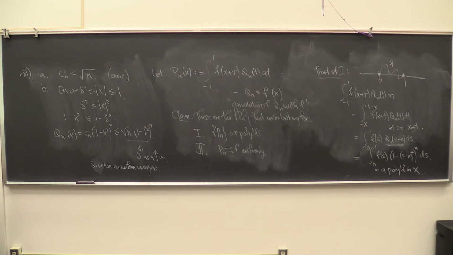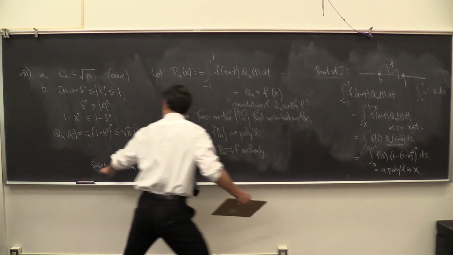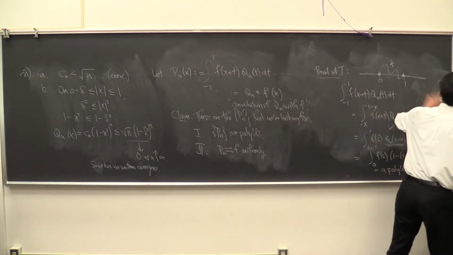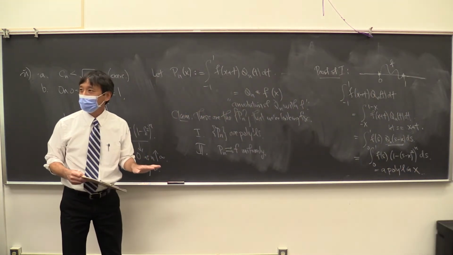Like if I had something like the integral from 0 to 1 of s squared, and then some power of x here, you see that I pull the x out, and I just get some constant times x. That's all that's going to happen here. We're going to get powers of x multiplied by some constants. So it's going to be a polynomial. Any questions?